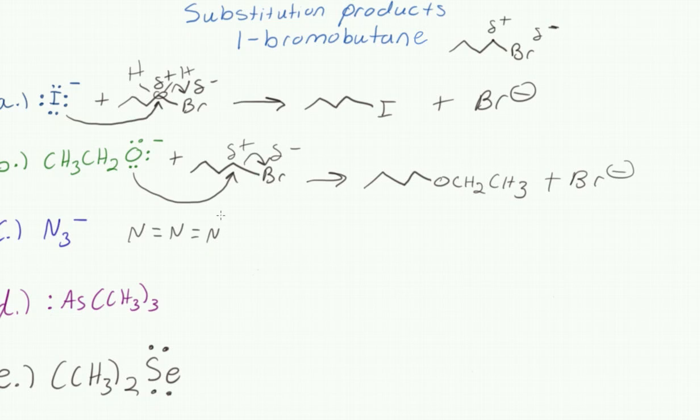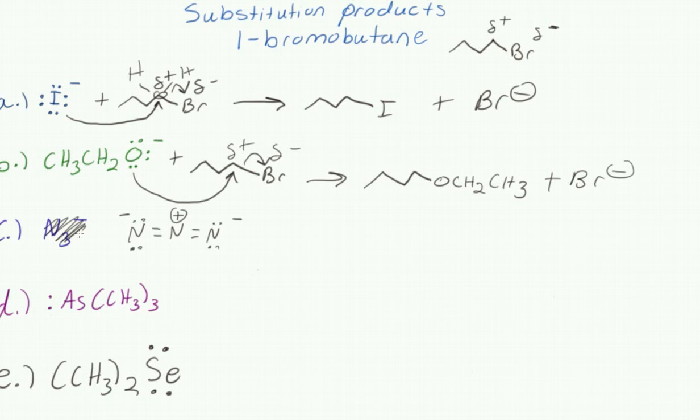Hold on a second. There we go. So our middle nitrogen has a positive charge, and our nitrogens on the side, 1, 2, 3, 4, 5, 6. 5 minus 6 is negative, so we have these negative charges here. So this is what our nucleophile actually looks like.